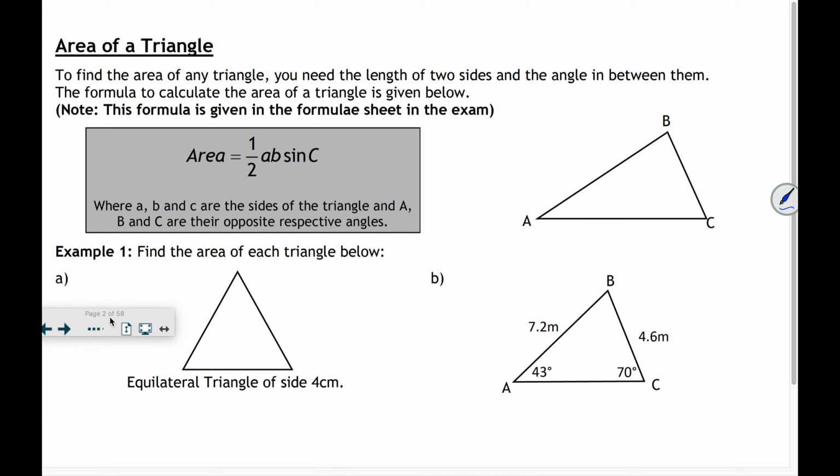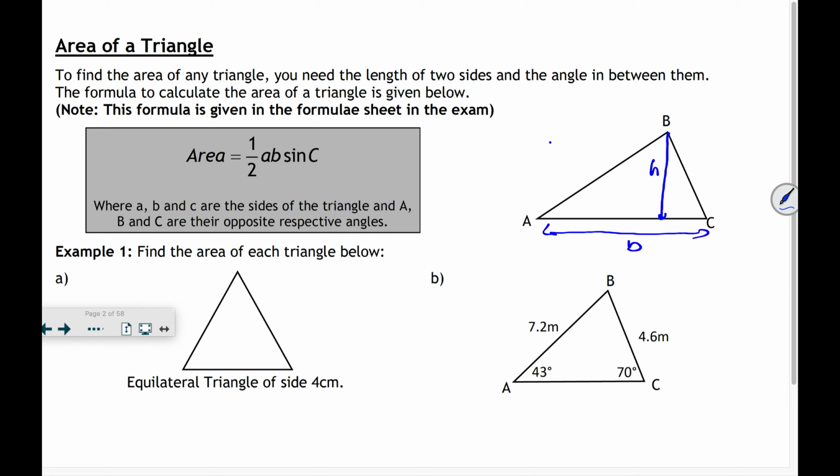Up until now you've only ever dealt with the area of a triangle when it's been a right angled triangle, or a triangle where you have known the base and the perpendicular height. By that I mean you have always had a height of a triangle, we'll call it h, and a base of a triangle, we'll call it b.